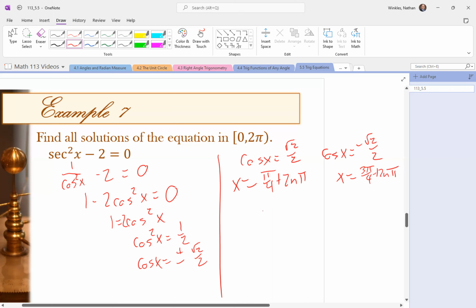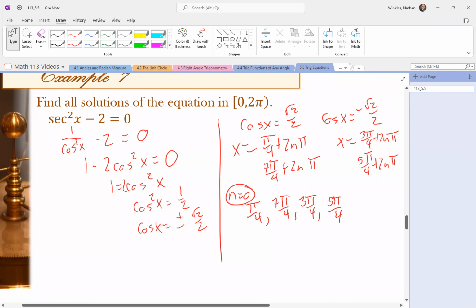And of course, in each one of these, we also have 7 pi over 4 plus 2n pi and 5 pi over 4 plus 2n pi. When n equals 0, we have pi over 4, 7 pi over 4, 3 pi over 4, and 5 pi over 4. Anything that we add 2 pi to is going to be outside of my interval, so these 4 values are the only answers that we have.